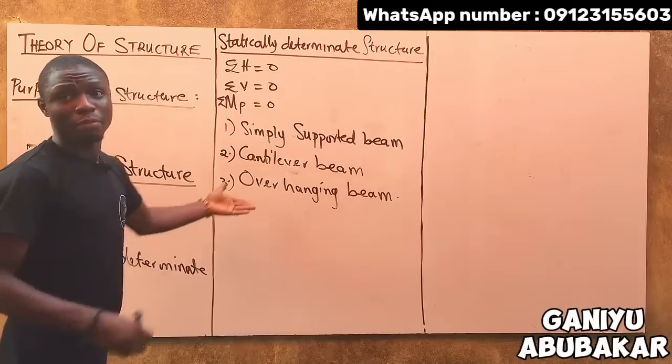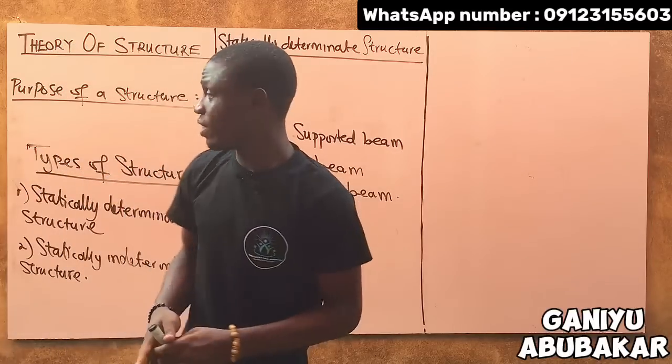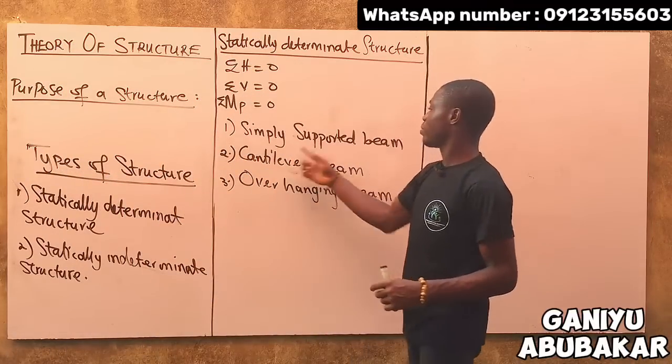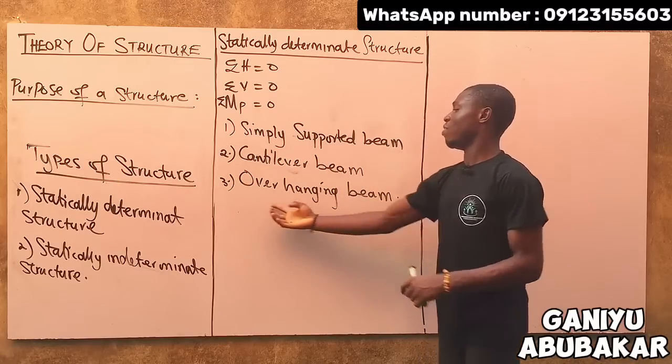So these are the three types of beam that work for this kind of structure: simply supported beam, cantilever beam, and overhanging beam.